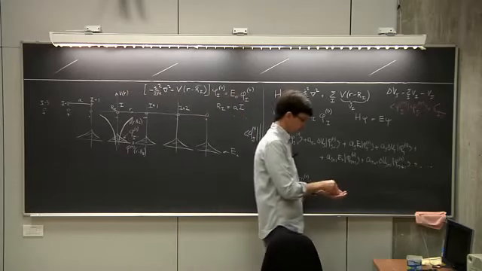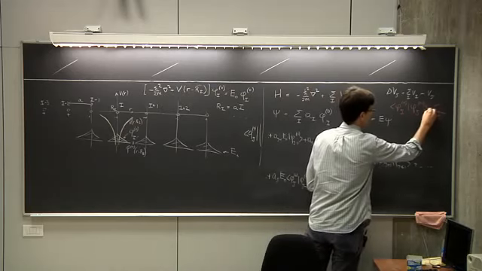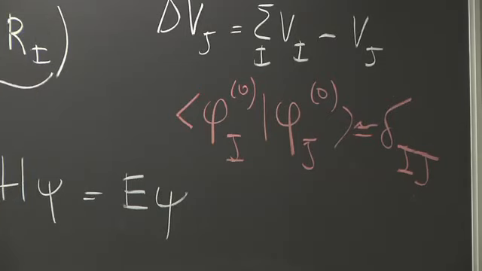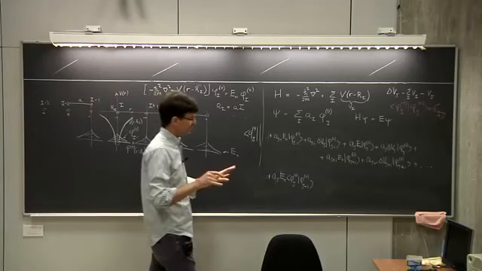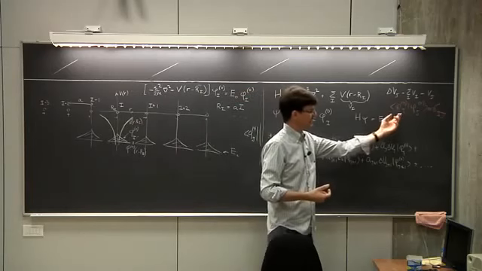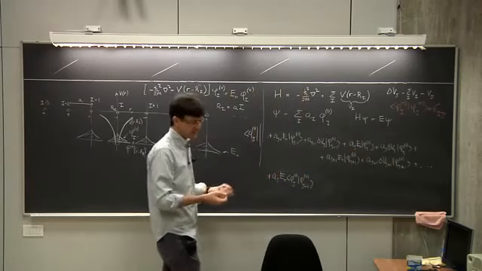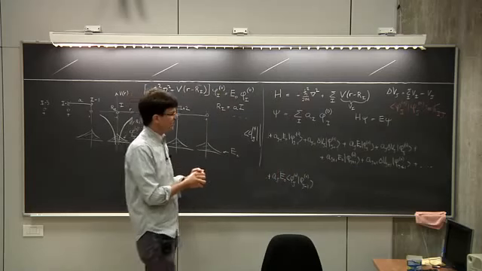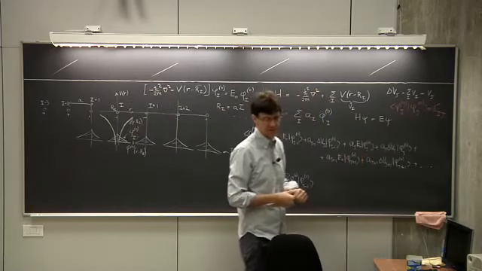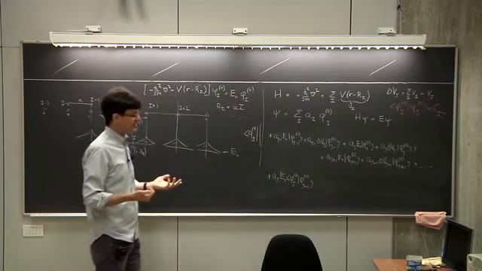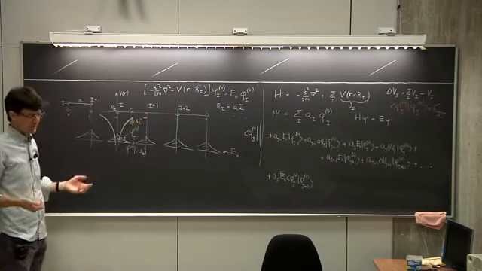So this is not, actually, let me put approximately so that we remember that this is not an exact statement, and it doesn't come from some orthogonality due to the fact that these are eigenfunctions of the same Hamiltonian. It just comes from the fact that they are distant and they are exponentially decaying. And so we approximate the overlap to 0 if they don't belong to the same site. If they belong to the same site, then of course it's 1 because it's the same function.